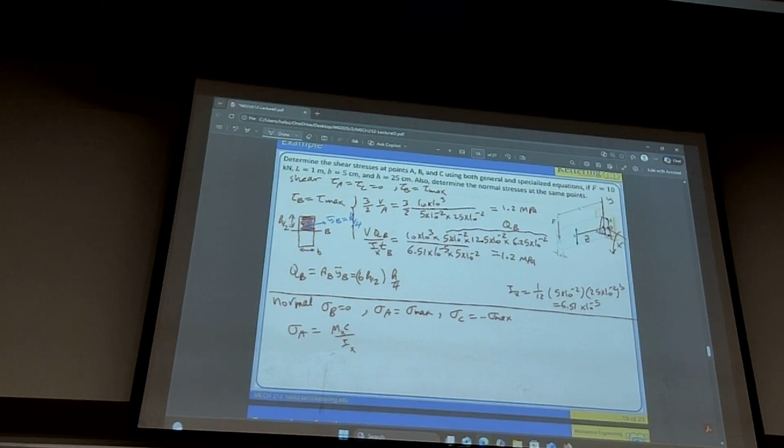It must be an error, assuming that was correct. That's the value you found, right? If you convert it to mega, it becomes that. You didn't convert to mega.